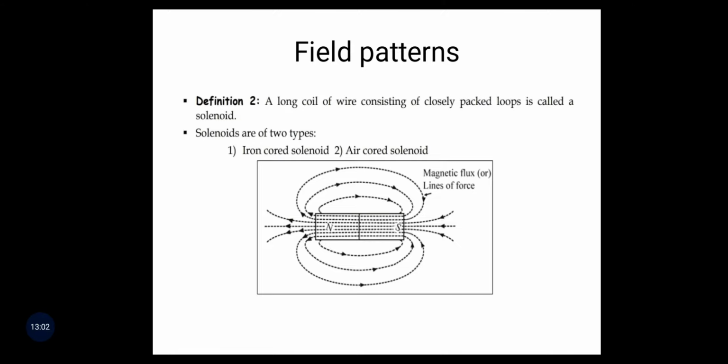An iron core solenoid has an iron core, but an air core solenoid has air as its core. So a solenoid can have two kinds of core: iron core and air core.